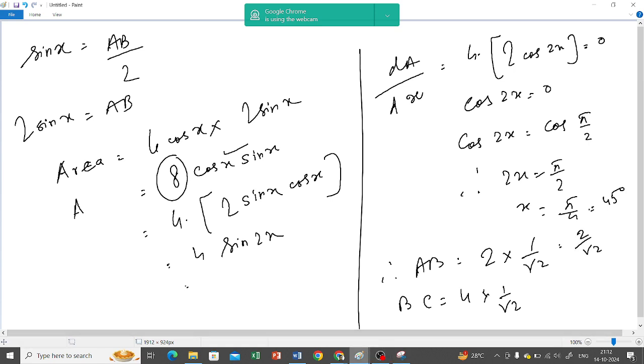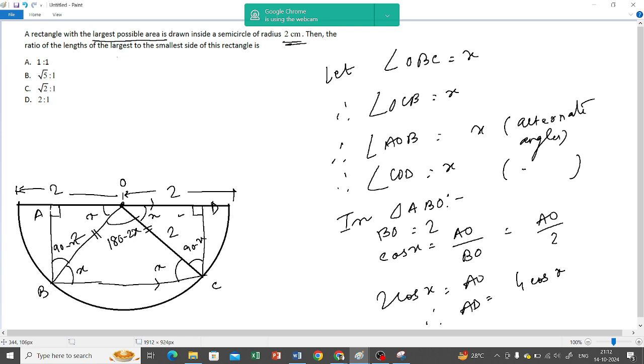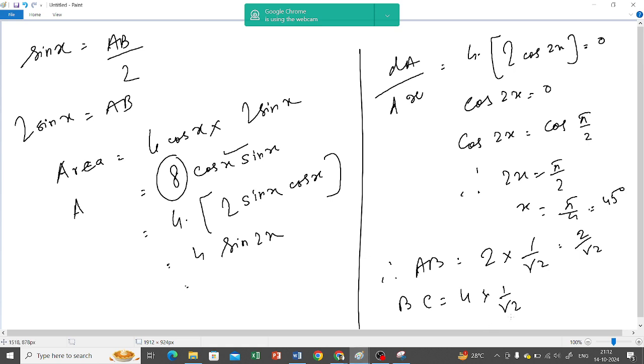Now what I need to calculate is the ratio of the length of the largest to the smallest side. So of course the largest one is BC. So BC to AB is going to be 4 by root 2 to 2 by root 2. If I remove it, I'm going to get 2 is to 1.